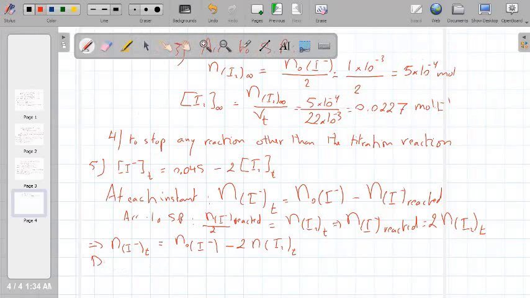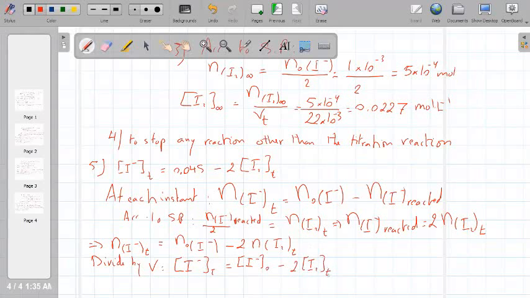Divide by V. Number of moles over V is the concentration: the concentration of I minus at instant t equals N0 I minus over V, the initial concentration of I minus, minus 2 times the number of moles of I2 over V, the concentration of I2 at instant t.